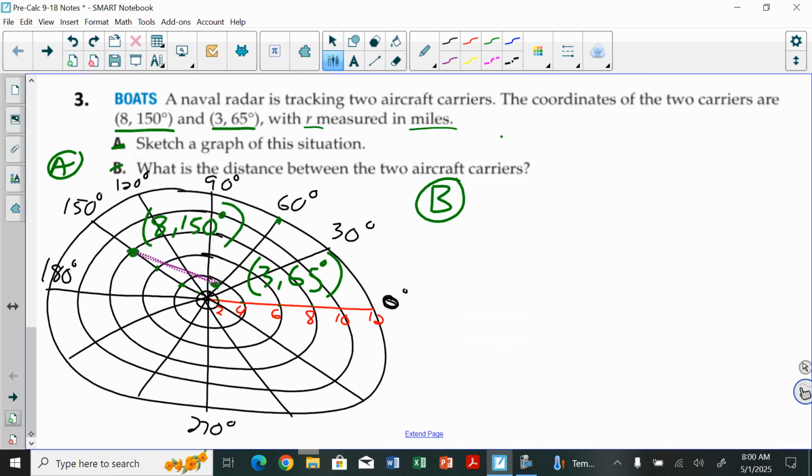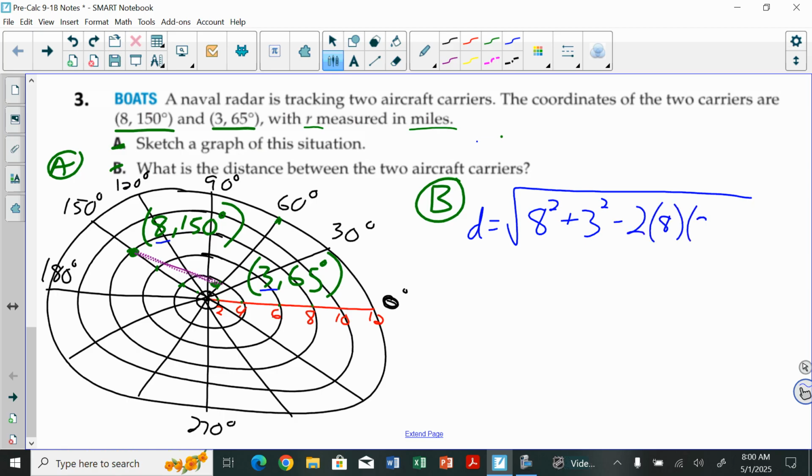Okay, so I'm using that, and so I'm going to say my distance is equal to the big giant radical sign, and I've got my R1 and R2, 8 squared plus 3 squared minus 2 times 8 times 3 times the cosine. Now, what's the cosine going to be? Okay, right?